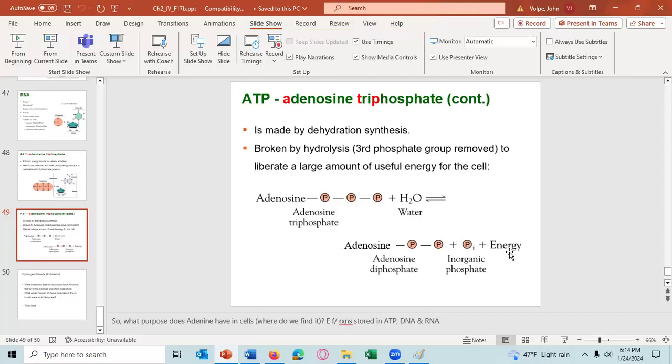And then energy will be released. The cell usually will do this to release the energy and then use that energy for the cell's energy needs, such as when the cell is making a carbohydrate like starch or a protein such as catalase.